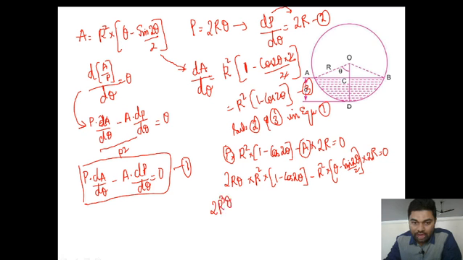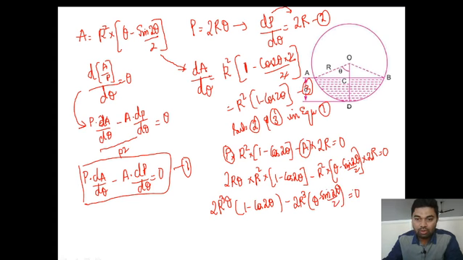2r cube θ (1 minus cos 2θ) minus 2r cube (θ minus sin 2θ by 2) is equal to 0.